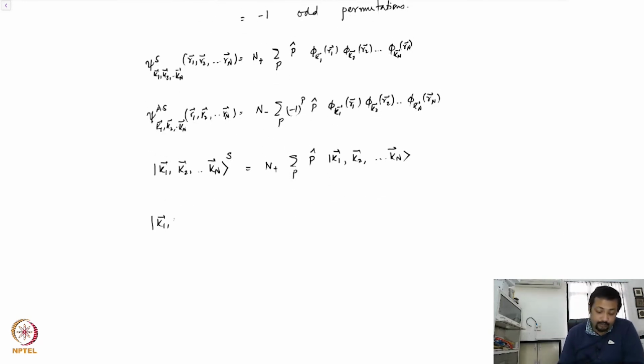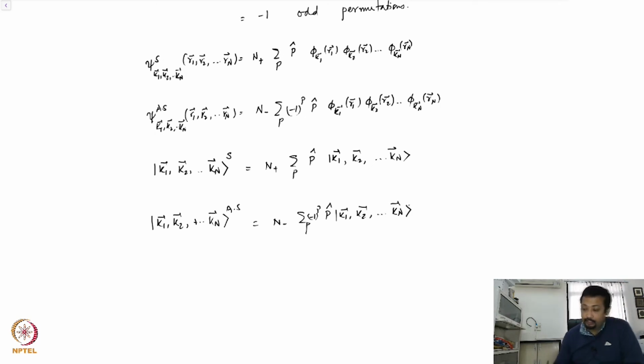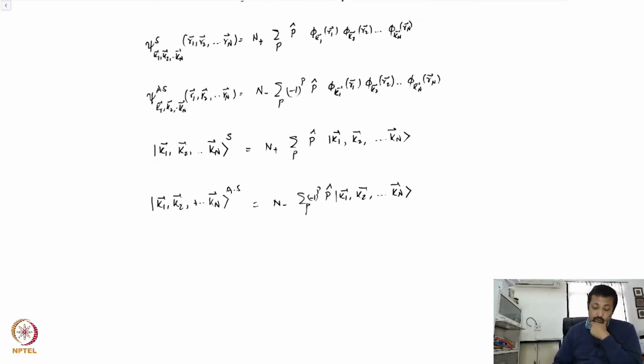And the antisymmetric one is going to give me N minus times the sum over P hat of minus 1 raised to the power P hat, P hat acting on k1, k2, kn. So we have to determine the normalization constants N plus and N minus, right? So let's try to do it in one go.